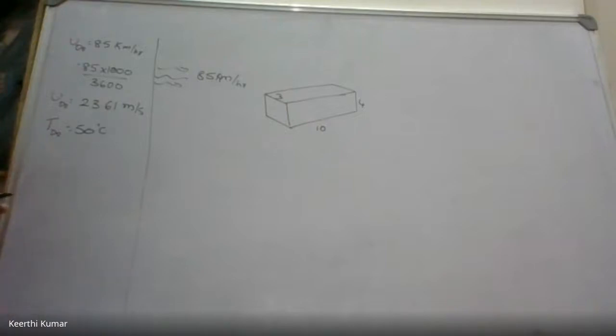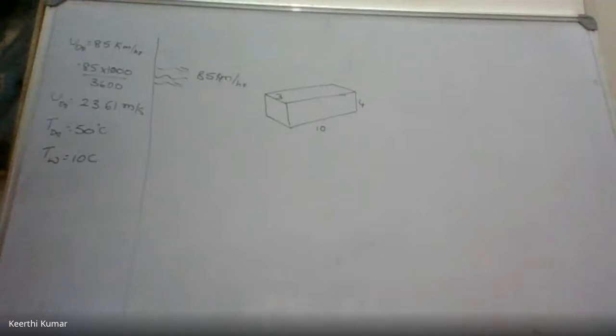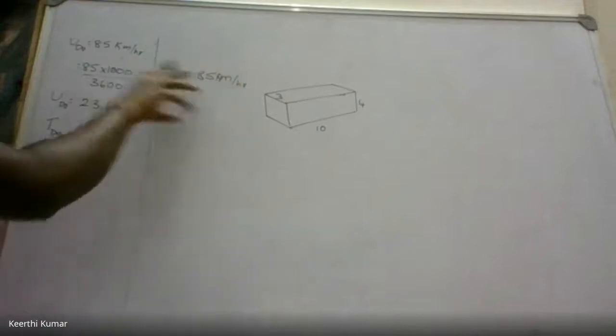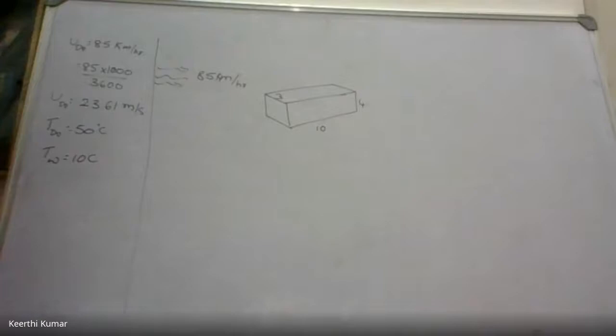The wall surface temperature is 10 degrees centigrade, so T wall, TW, is 10 degrees centigrade. Neglecting the heat transfer from the vertical front and back side of the truck, the flow of air is parallel to the 10 meter length. That means the air is flowing along the length of 10 meters.